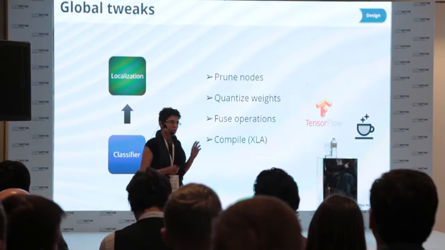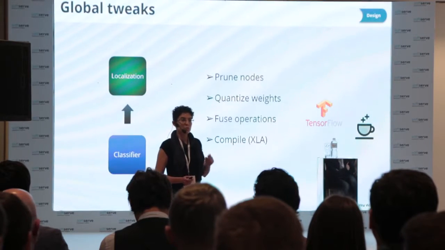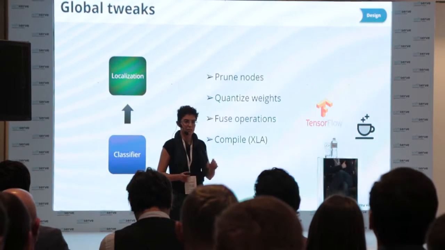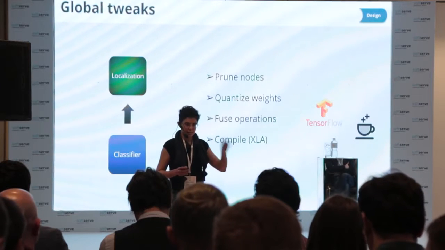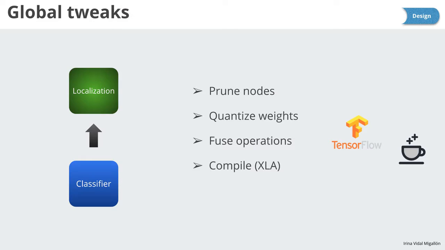And I just want to sneak a short comment on further tricks that you can apply to your model once you've nailed down the architecture, because the basis of everything is nailing down the architecture, and then before deploying you can still do things like removing layers that you needed during training but you don't need at inference time, pruning nodes, or quantizing your weights.